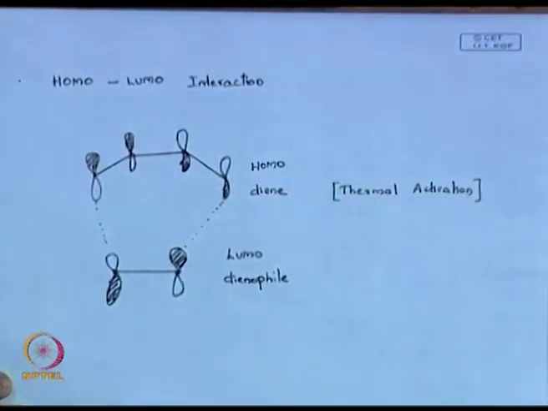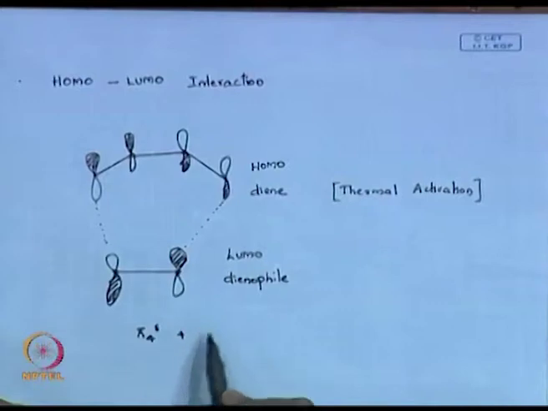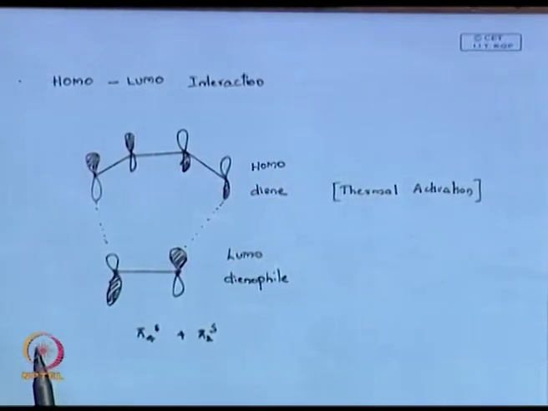On thermal activation you can see that this reaction, how do you write this? You can write it as pi 4s plus pi 2s. So, it is thermal activation, it is suprafacially allowed, Diels-Alder reaction.